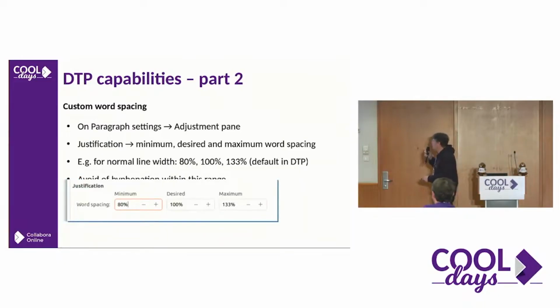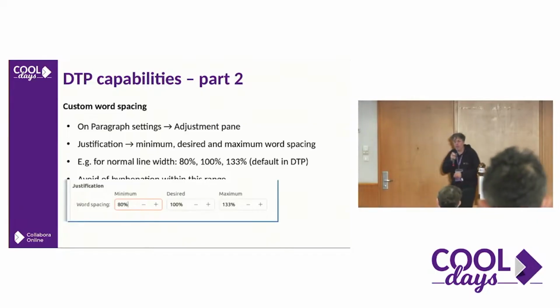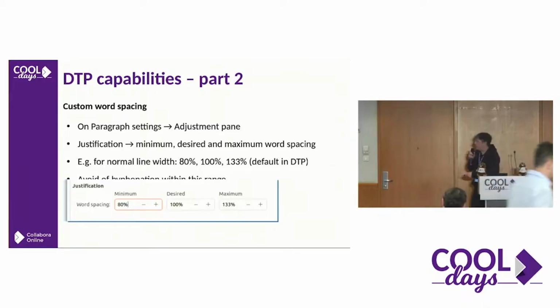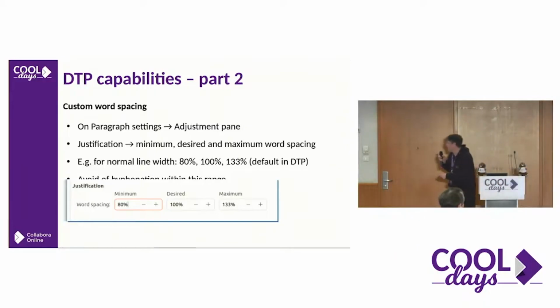Another DTP capability is custom word spacing. You can set a minimum and a maximum desired space. This setting is default in Adobe InDesign. For example, the minimum is 80% and the maximum is 133%. Now, the development version of LibreOffice uses these settings to disable hyphenation.